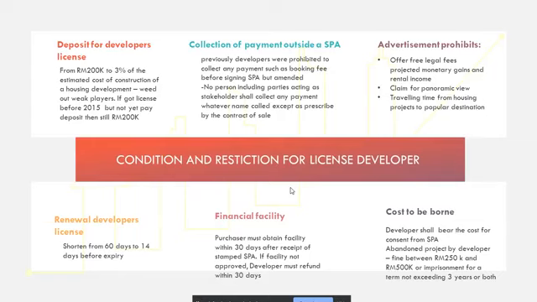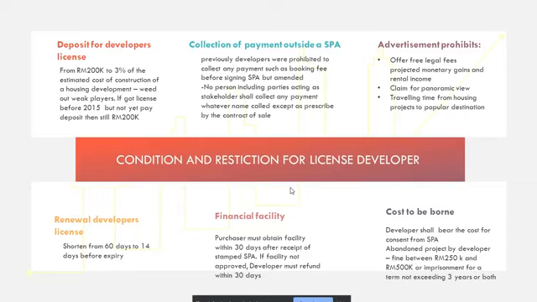So the renewal for developer license, the pembaruan lesen pemaju lah, pemaju perumahan ni has been shortened from 60 days to 14 days before license is expired. So for financial facility, within 30 days the purchaser need to obtain financial facility lah after receipt stamp sale purchase agreement.